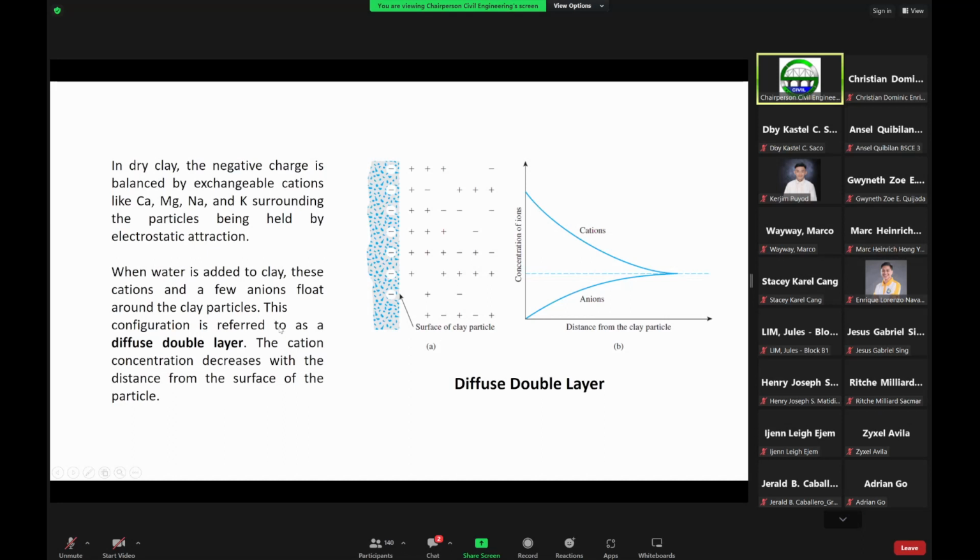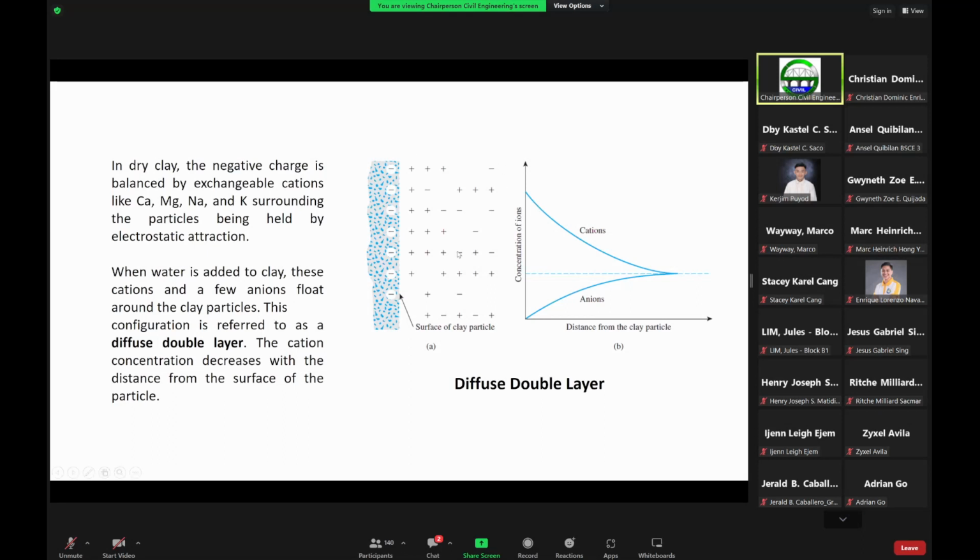Now, when water is added to clay, these cations and a few anions float around the clay particles. This configuration is what we refer to as the diffuse double layer, such as this one here.